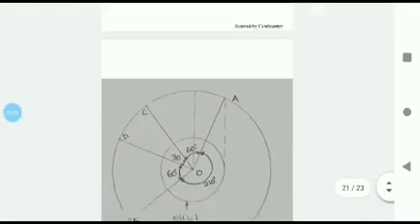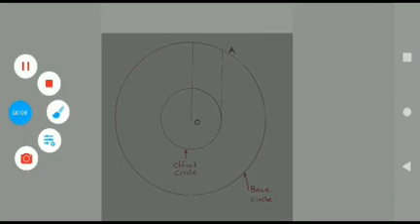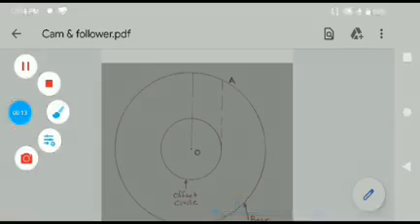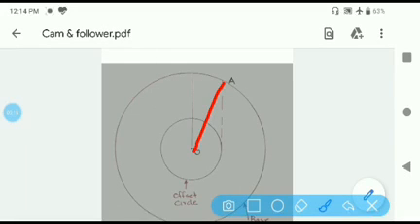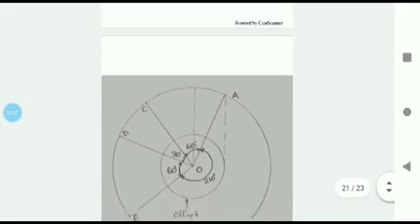Now what you need to do is join OA. You need to join OA, and then with OA as the baseline, you need to divide the base circle into the 4 different regions of follower motion. That is what I have done here.